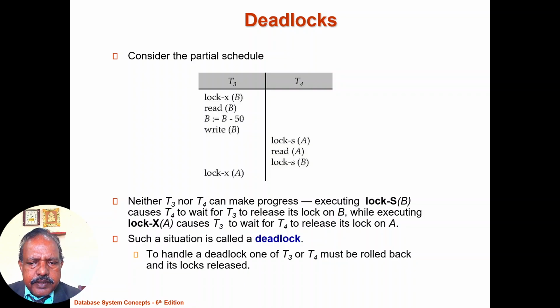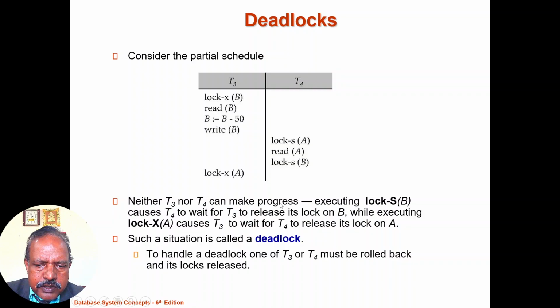In the meantime, I go for lock S of A. I read A, then I read B, then lock S of B. Are you getting me? Then I am putting for the lock X of A, right? So in this case, what will happen?